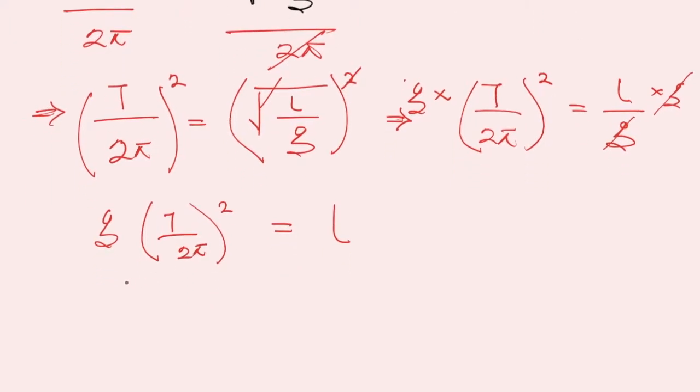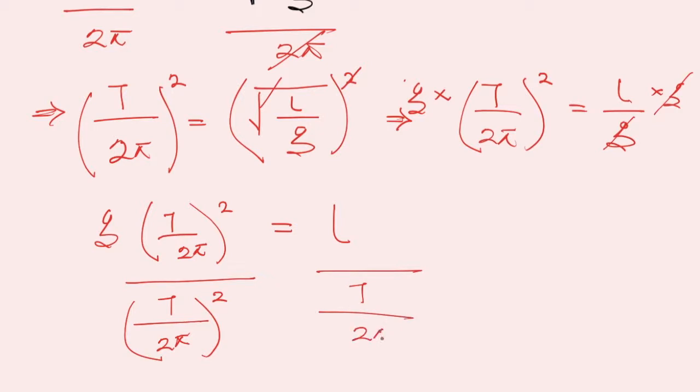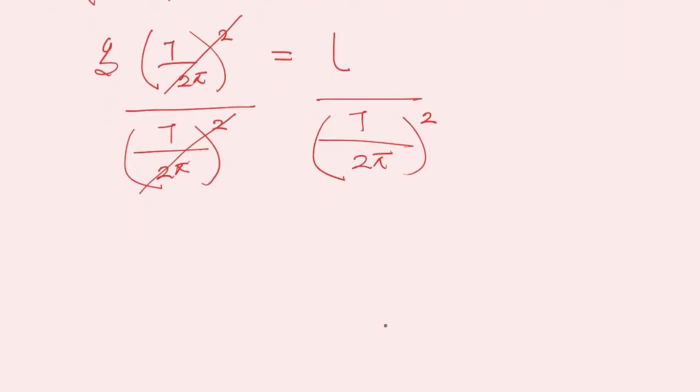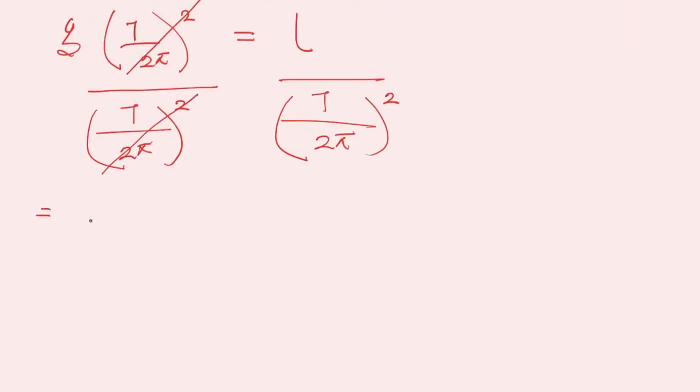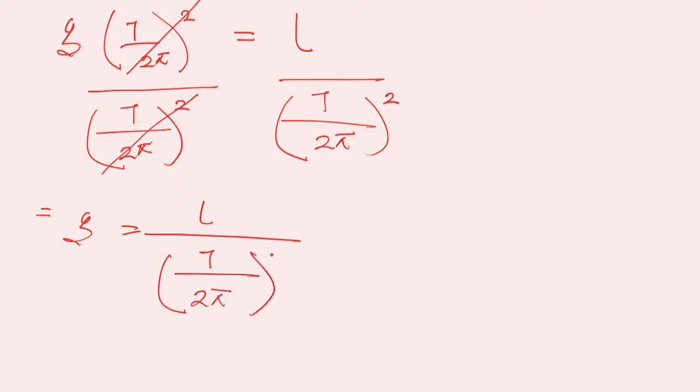So if we divide both sides by t over 2 pi squared, this cancels out this, and we're left with G equals L over t over 2 pi squared. Now, so what we have is G equals L over t over 2 pi squared.